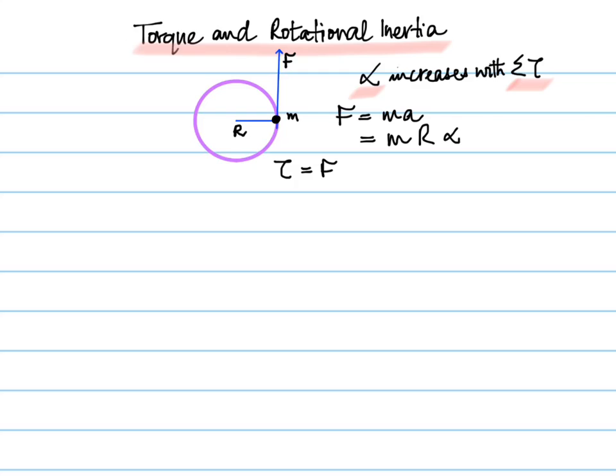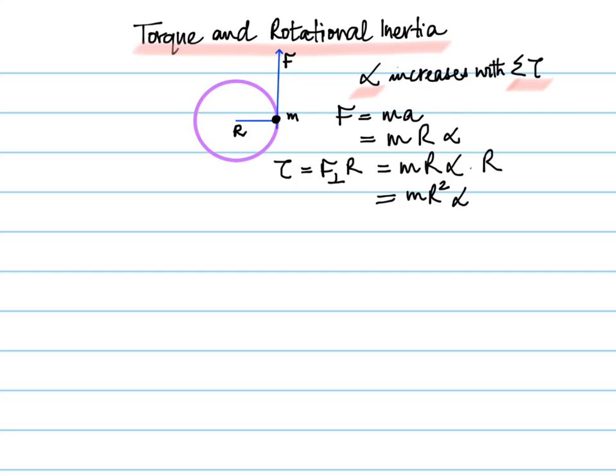Do you see that I have substituted for a as r times alpha there? Now substitute it back, what would you get? Tau is, F is m r alpha, and then to find tau, you need to multiply with one more r. Therefore, tau is m r squared alpha.